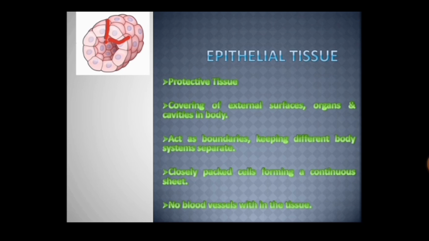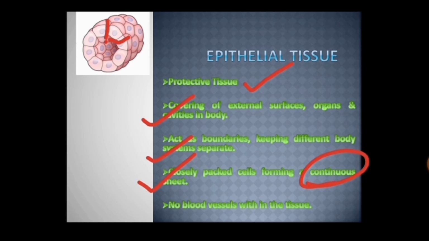So this is the brief description of the epithelial tissue, which is that they act as the covering tissue, they act as the protective tissue, they are the covering of external surfaces, organs and cavities of the body, they act as the boundary by keeping the different body systems separate, they are very closely packed cells, right? They are very closely packed cells, that is why they form a continuous sheet.